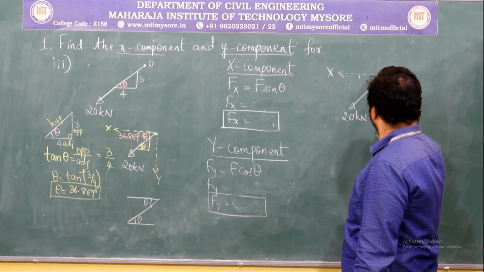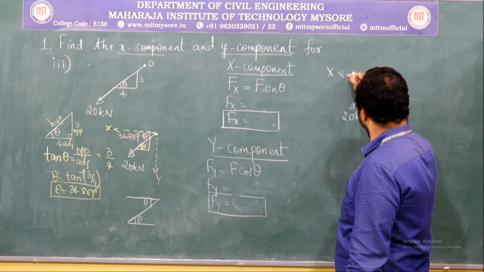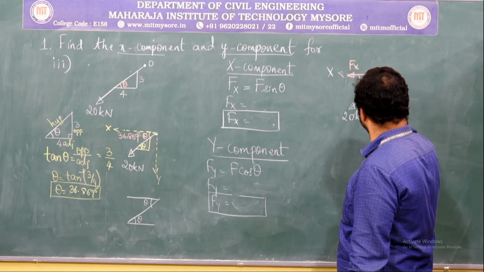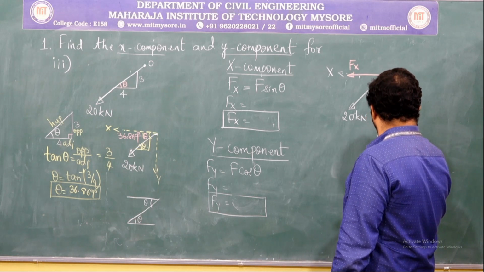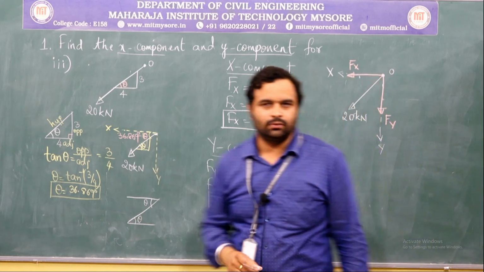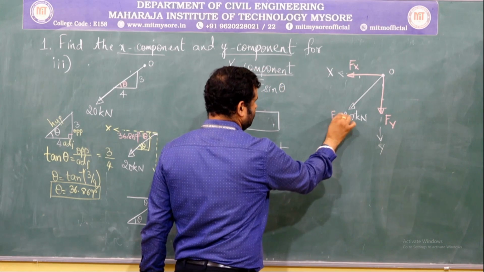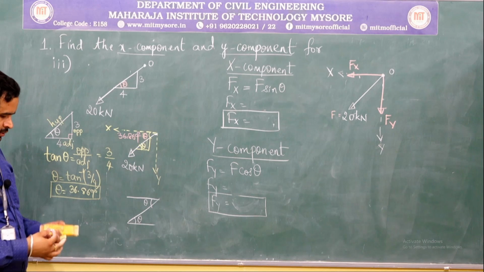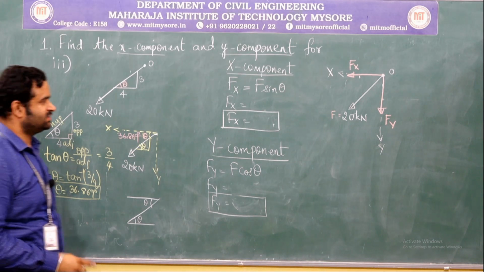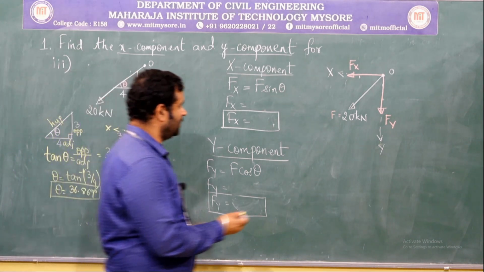So, this will be Fx and this will be Fy. What is F? 20 kilonewton. Fx is equal to, what about the angle?